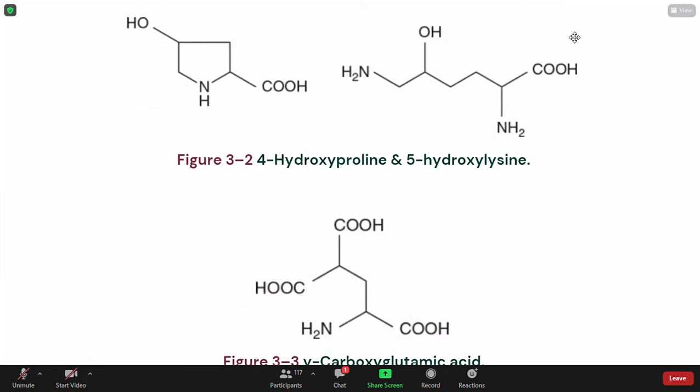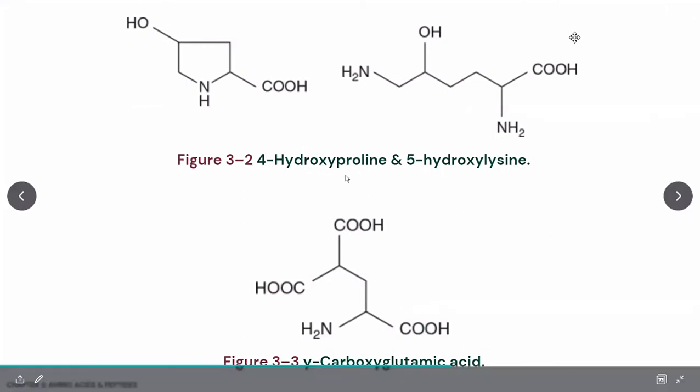Now here we are. Addition of a hydroxyl group. That's the hydroxyl group of lysine. This is proline.